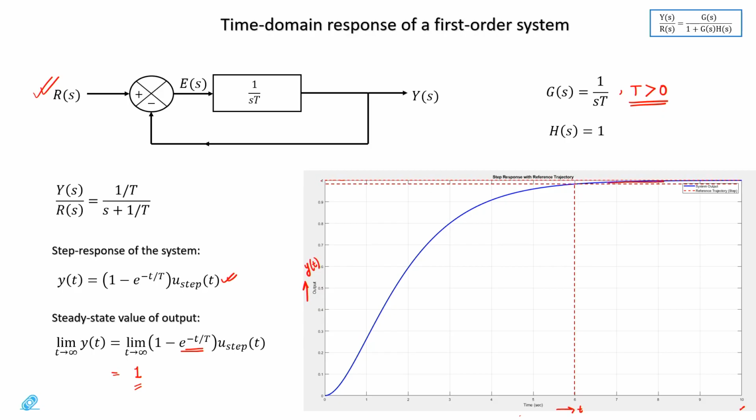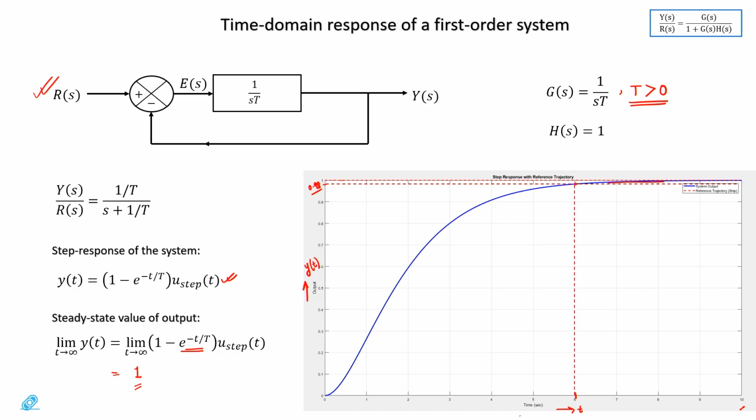Suppose, although exactly it is not visible, this is 0.98. As soon as the plot or the output crosses 0.98 and does not come out of that band, we will say that we have settled to the reference point, and the point at which it reaches that, we call that settling time.